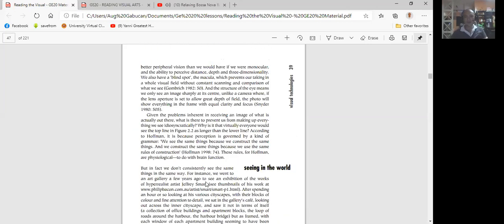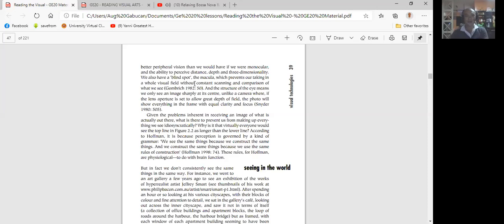A camera can adjust the whole frame in just one kind of focus. A camera can do that, but people with two eyes can never do that. We only focus on what we can triangulate. We are not monocular. So we have the ability to perceive distance, depth, and three-dimensionality.